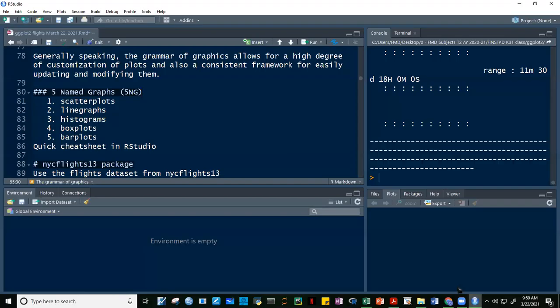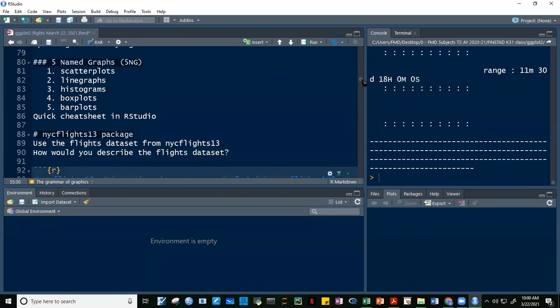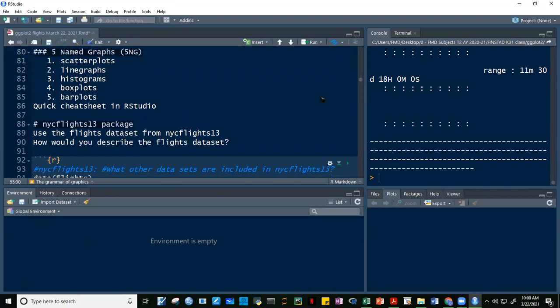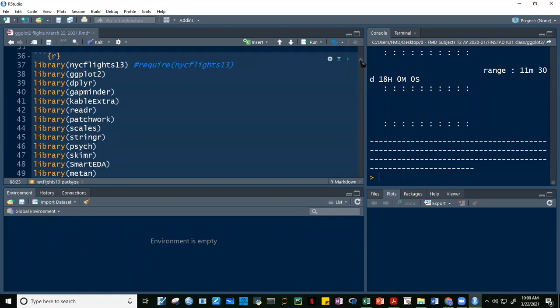Okay, so let's go back to our lesson here. So you have the five named graphs: scatter plots, line, histograms, box, and bar plots. Now, in this lesson, we're going to make use of the nycflights package, which we installed.